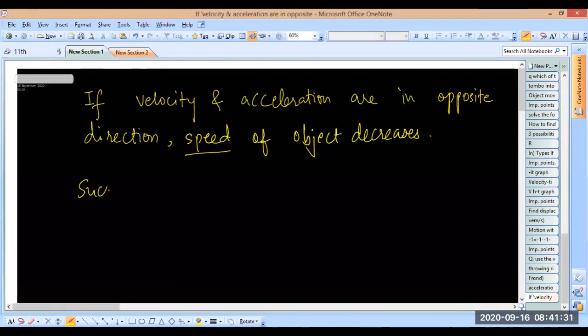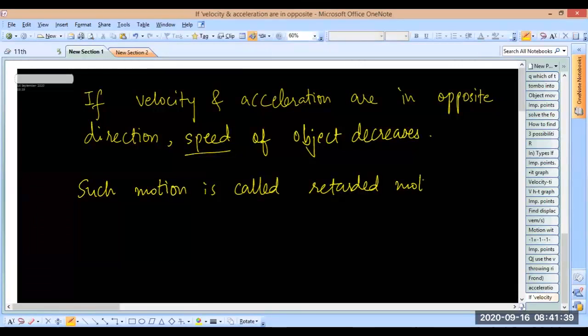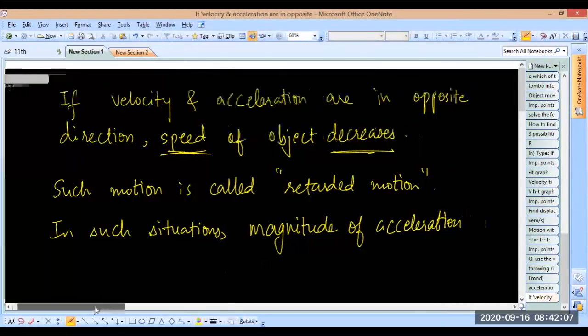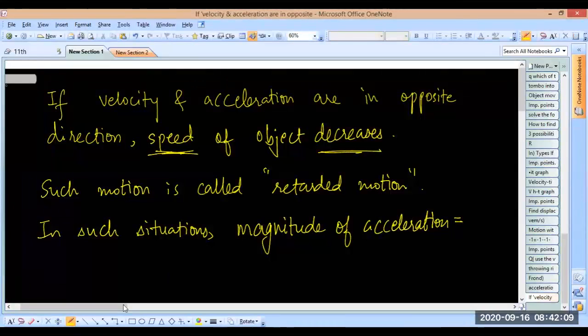Okay, so such motion is called retarded motion, and in such a situation, that is when the speed is decreasing, we say that the magnitude of acceleration is equal to retardation.